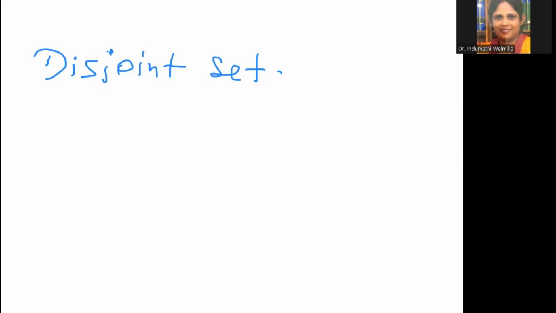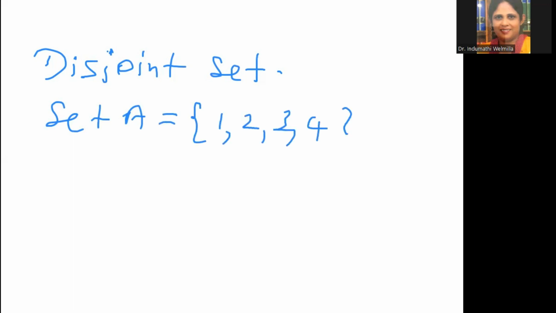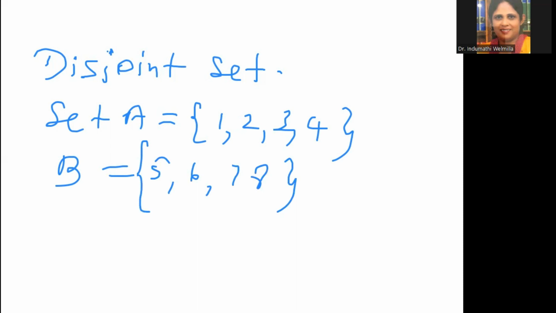For example, if set A equals {1, 2, 3, 4} and B equals {5, 6, 7, 8}, right? These two sets are disjoint because there are no common elements between them.